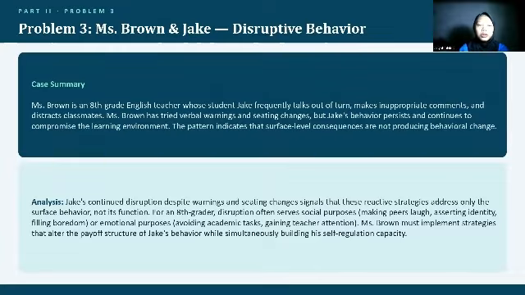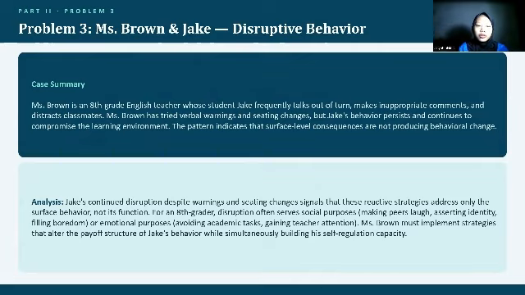Problem 3. Miss Brown and Jack's disruptive behavior. Case study. Miss Brown is an 8th grade English teacher whose student Jack frequently talks out of turn, makes inappropriate comments, and distracts the classroom.